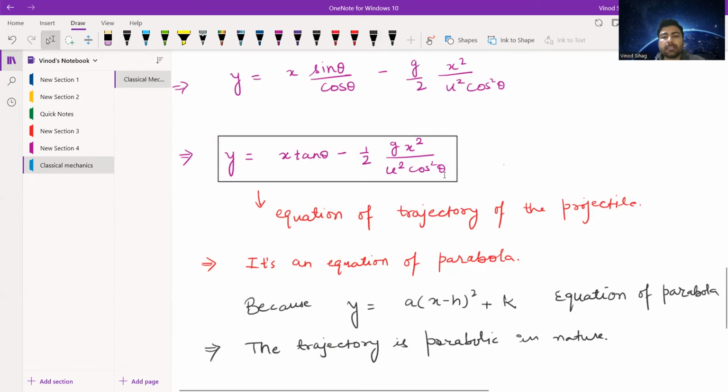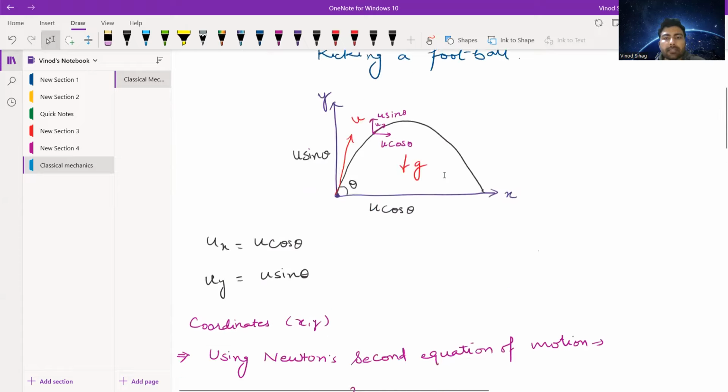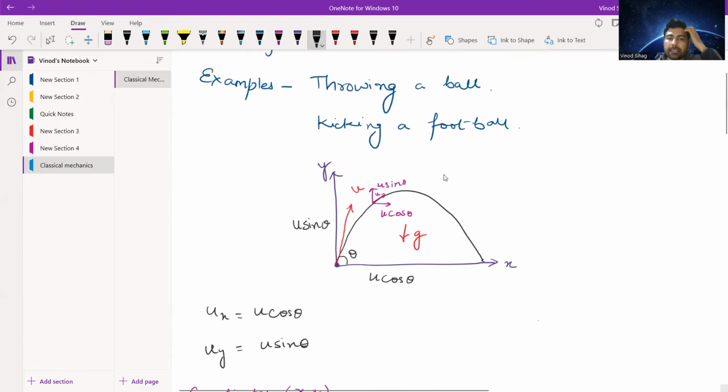We can verify it by the diagram also, because from the picture it is clear that the path of the projectile is parabolic.